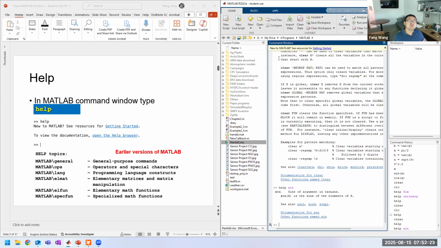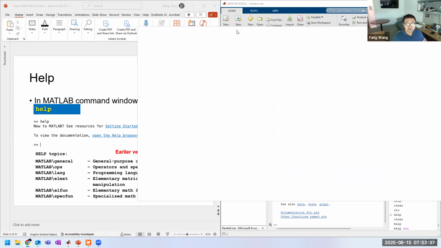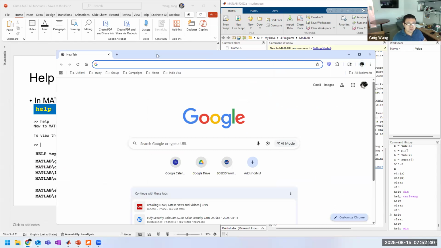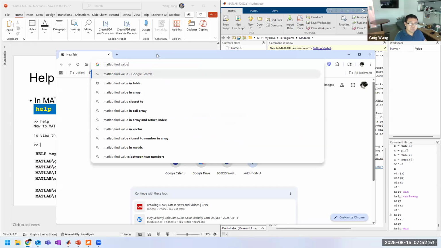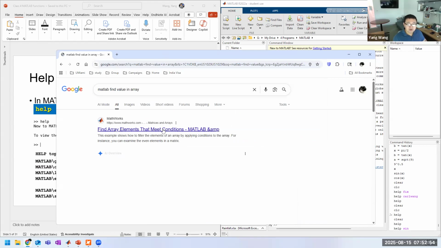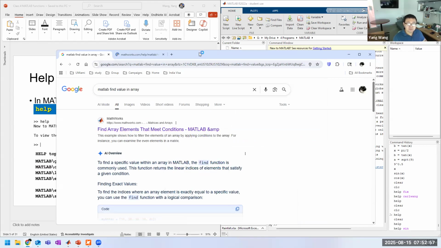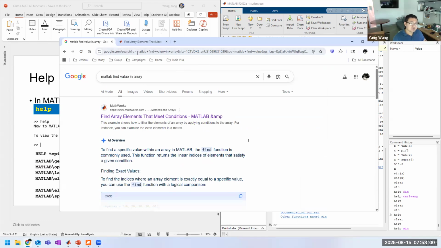And a lot of times, what we're trying to achieve is we're looking for a function, right? So we're trying to see if MATLAB has a function that can achieve certain tasks. An easy way is actually just to go to Google and type in MATLAB and then describe the task you want to do. For example, if you want to find a certain value inside a matrix, you can just search MATLAB find value in an array, and a lot of times it's going to return you a website that will help you with it.